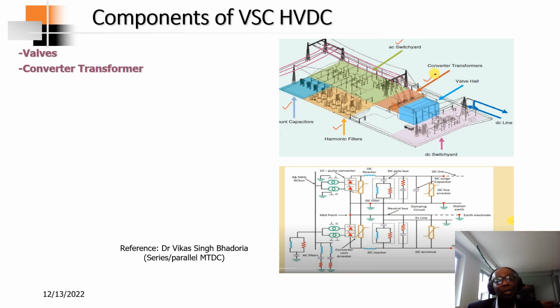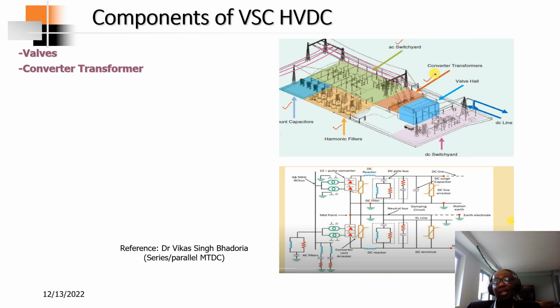Next, we'll talk about the components of a voltage source converter HVDC. As you can see over here, we have a typical HVDC substation, and the AC transmission line comes in, and this is the AC switchyard, and these are all shunt capacitors utilized to provide reactive compensation.